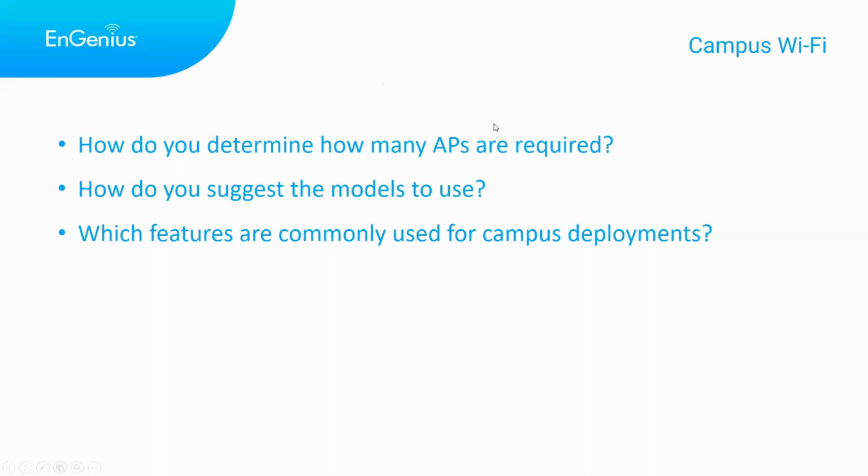So how do you determine how many APs are required, and what model to use? Is it a small area? Is it a function room? Maybe it's their auditorium. Is it a very high density environment? And what features would you commonly use for campus deployments? I'll go over them in brief as well.